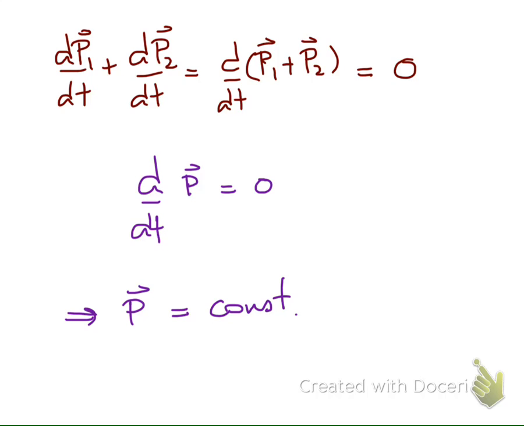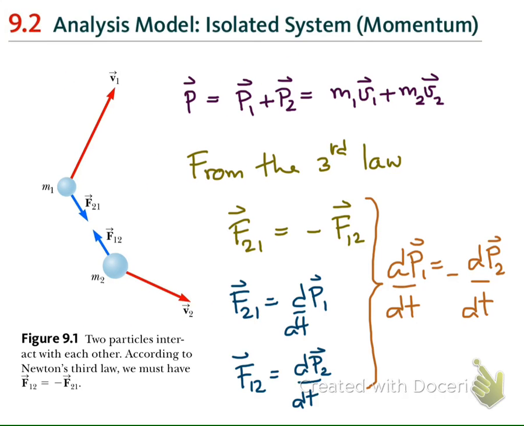You may have that the velocities V1 and V2 of the particles 1 and 2 may change in time due to the force of the interaction, but when you calculate the total momentum of the system, it will not change in time.